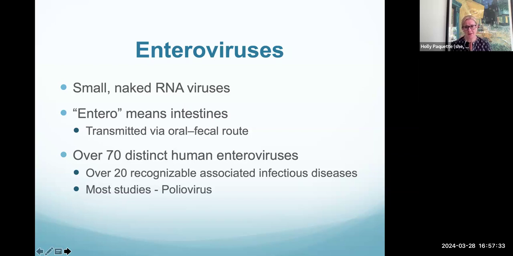There are over 70 different human enteroviruses and 20 recognizable that are associated with infectious diseases. One of the ones that has the most studies done is poliovirus, and we're going to talk primarily about that with just a little bit of an inclusion of the other enteroviruses in the next lecture.